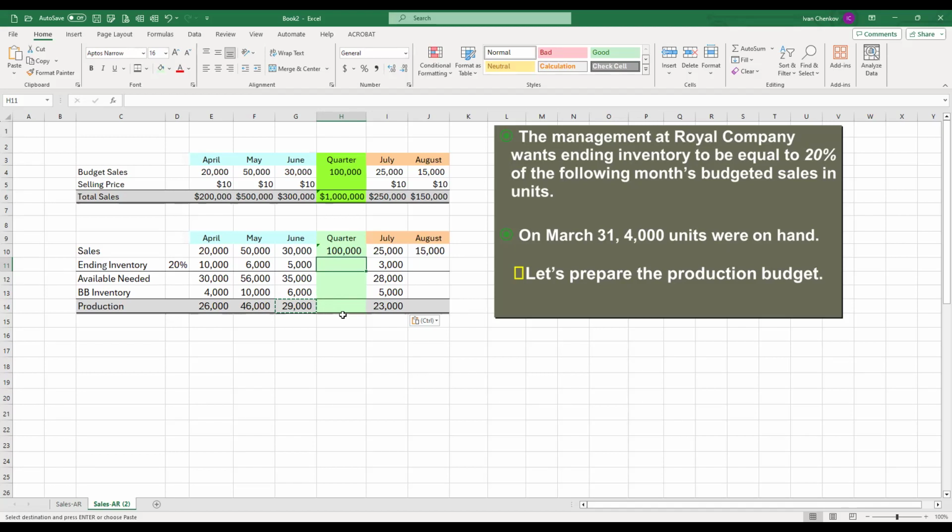So it will be 5,000. So in total, how many do I need? 105,000. But in the beginning of the quarter, how many did I have? In the beginning of the quarter, you had 100,000. Look at the question.